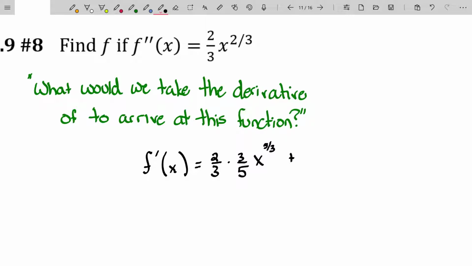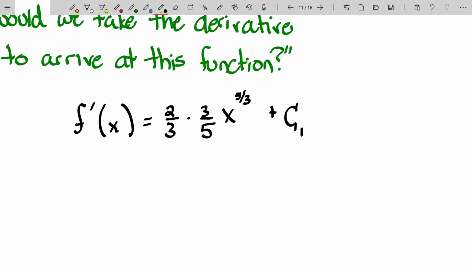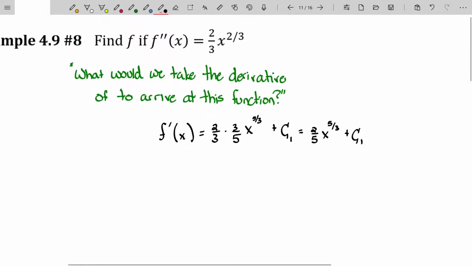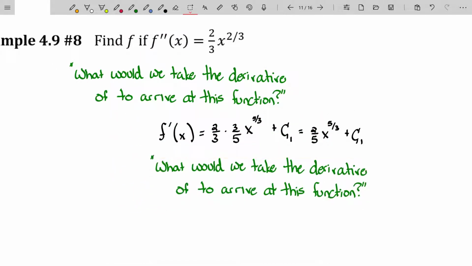Then we're going to add a c, and when I do this, I add a c sub 1, just because I'm going to get a constant in the next step as well, so it's nice to label these as c sub 1s and c sub 2s. Cleaning this up a little bit, that's going to be 2 over 5 x to the 5/3 plus c sub 1.